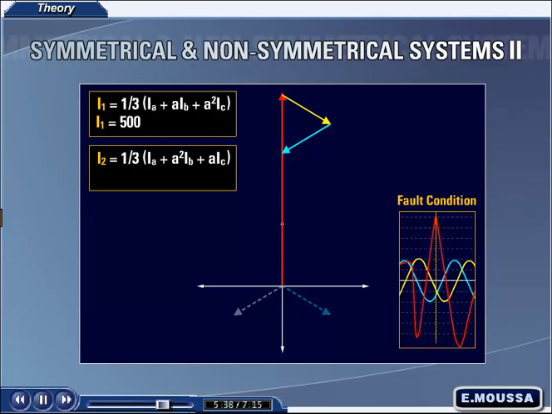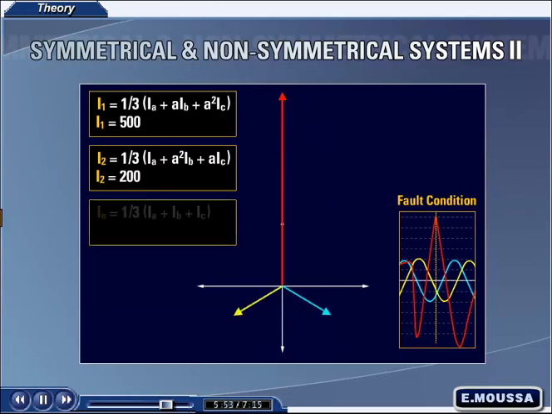Given that phase A is 900 amps, subtracting 1/3 would result in 600 amps. After the 3 phases are combined, the formula calls for them to be divided by 3, resulting in the negative sequence equaling 200 amps.